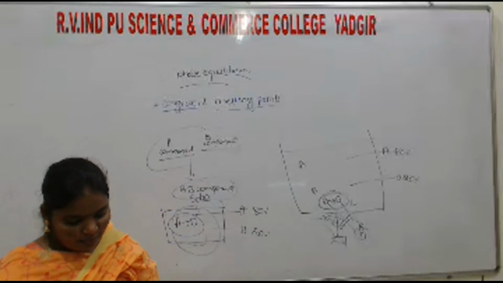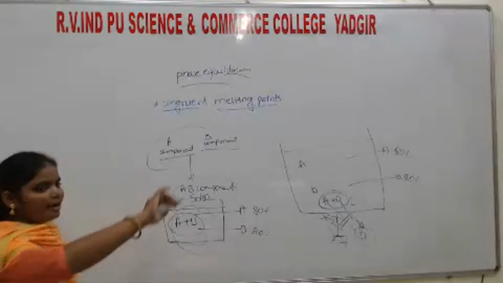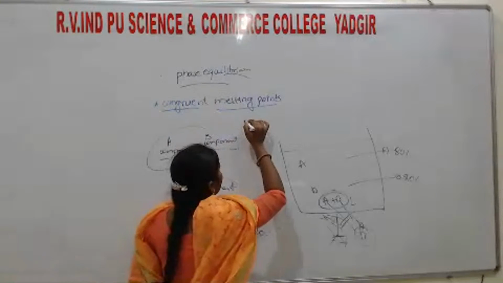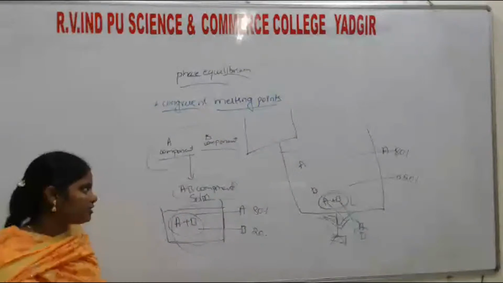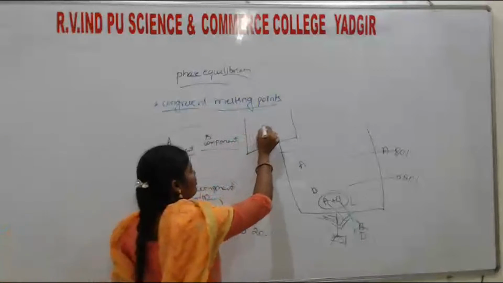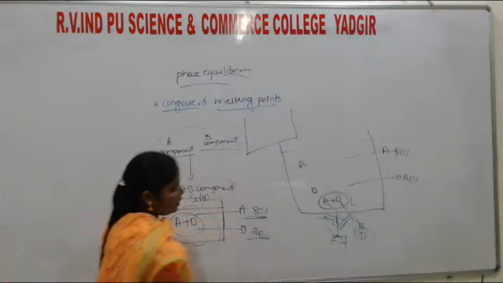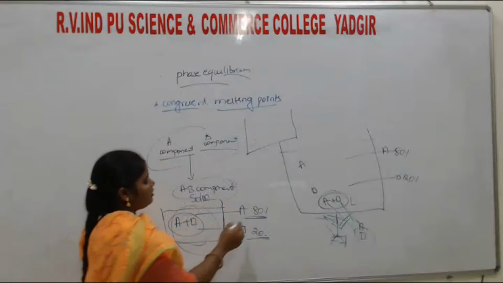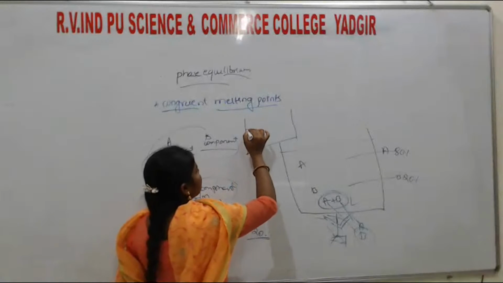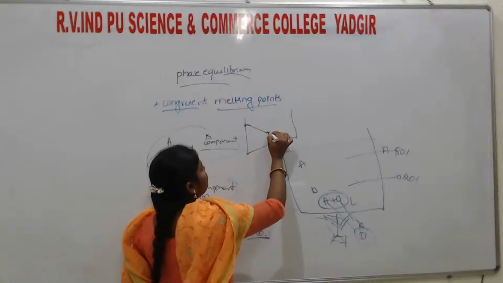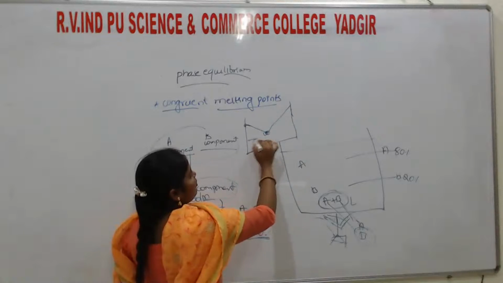Okay, as I already told in the lead silver system, remember when you take 80% of component A and 20% of component B. When you heat and then cool, there is a point here, and this is a triple point.